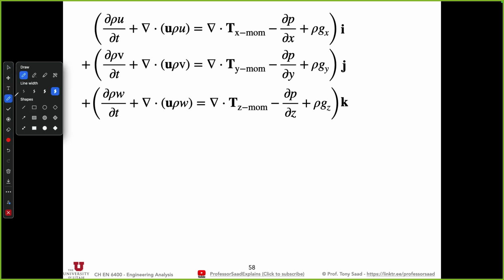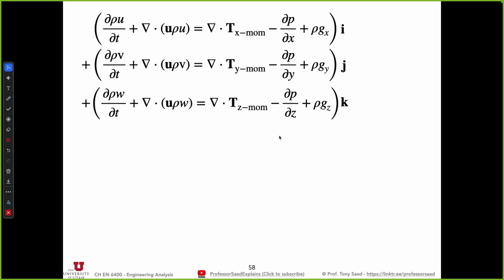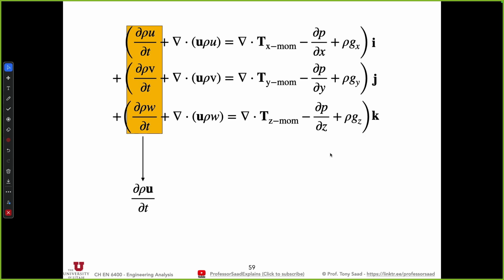So what I would have here is d rho u i plus d rho v j plus d rho w k, correct? And that is my momentum vector, right? Agreed? So d rho u vector by dt is d rho u i plus d rho v j plus d rho w k. Agreed? Any magic going on here?